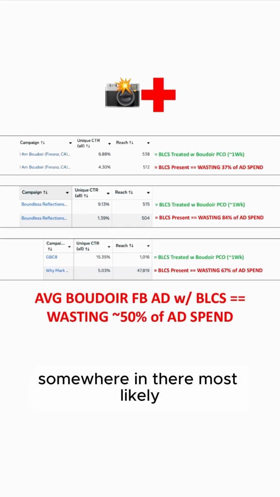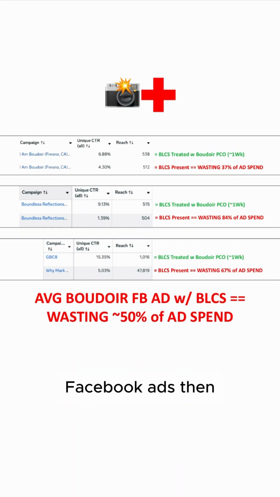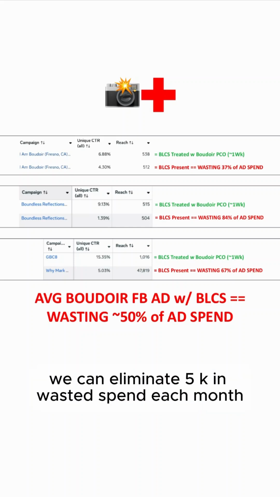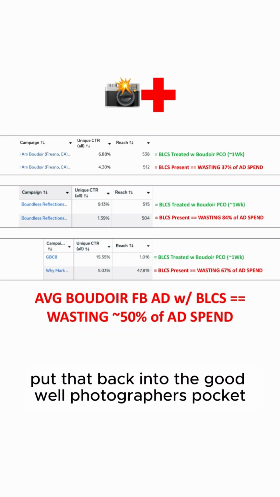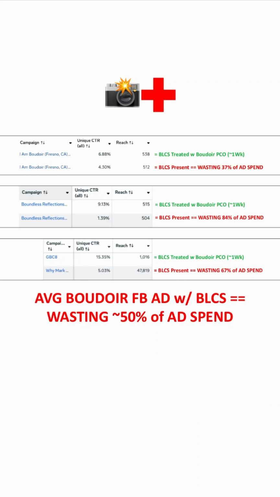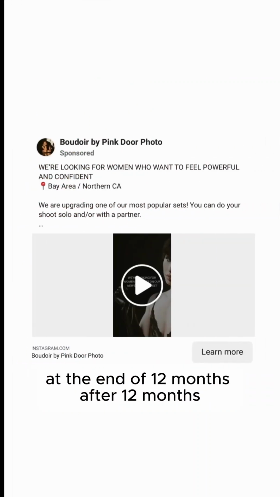So if they're spending 10 grand a month on Boudoir Facebook ads, then we can eliminate approximately 5K in wasted spend each month and put that back into the Boudoir photographer's pocket. That'd be saving approximately 60K over the next 12 months.